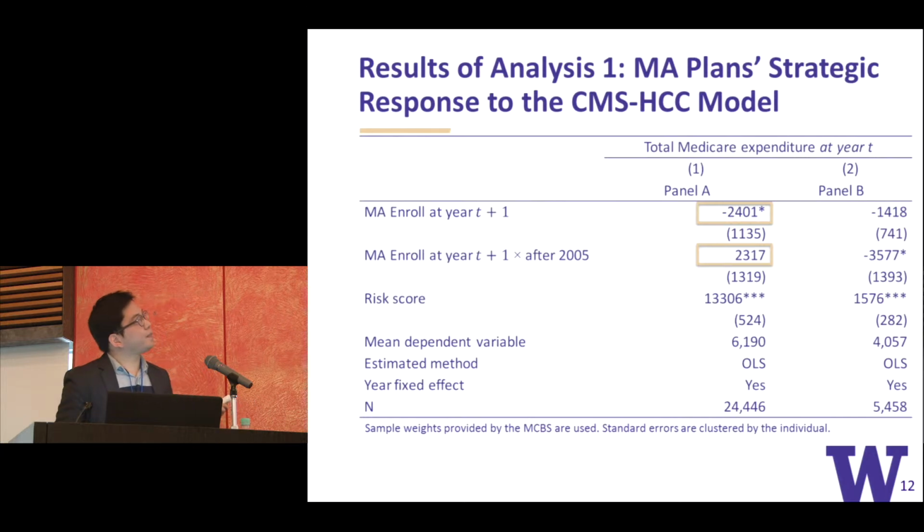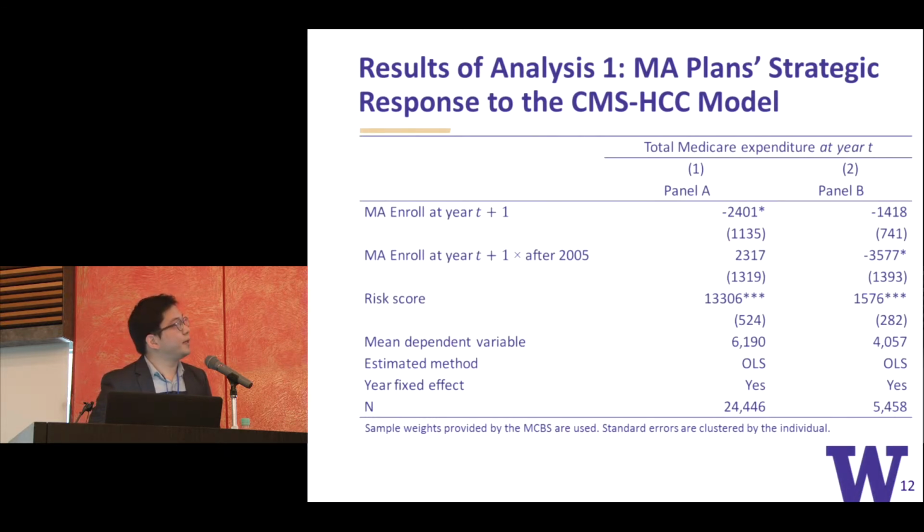This means that compared to people staying in FFS plans next year, people switching to MA plans next year spent $2,401 less in the baseline year, in the pre-ACC period. But in the post-HCC period, their first year expenditure difference decreased by $84.